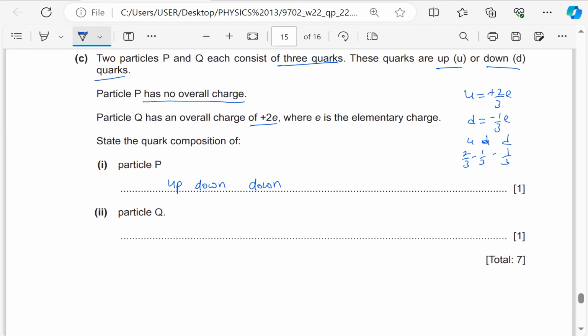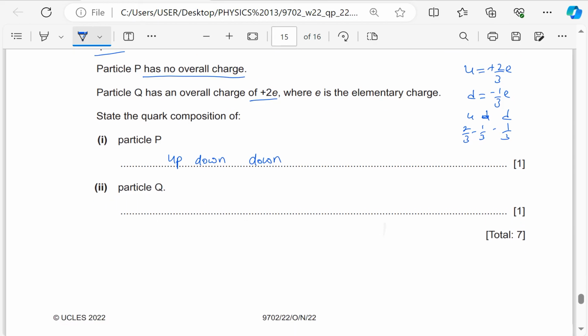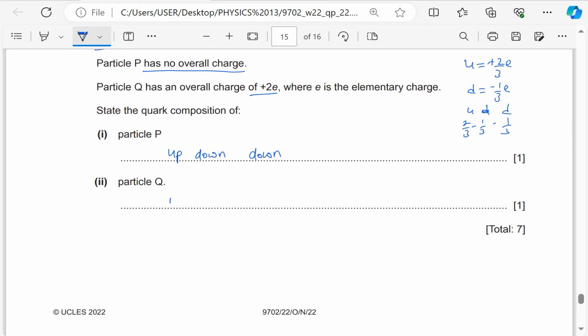Then particle Q has a charge of positive 2e. So positive 2e is most likely going to be up, up, and up. Because you can check, you have positive 2 over 3e 3 times, which is positive 2e, because there are 3 quarks. So that is up, up, up.